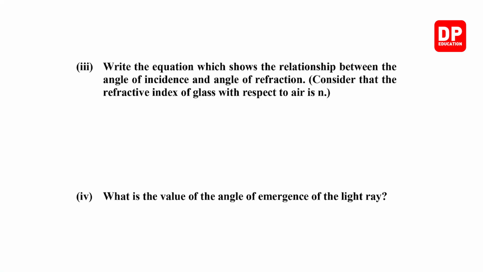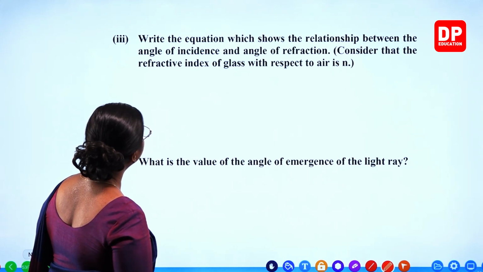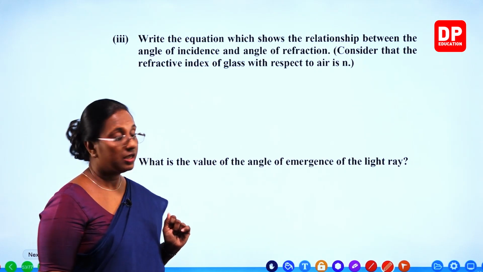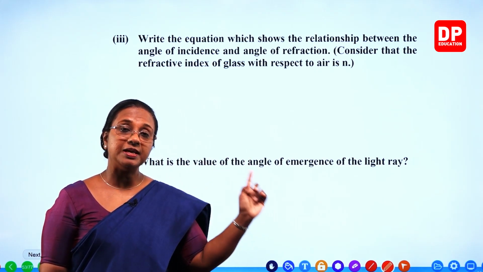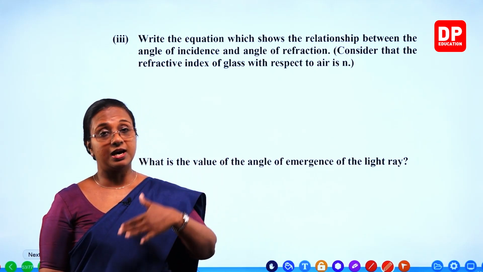Write the equation which shows the relationship between the angle of incidence and the angle of refraction. Consider that the refractive index of glass with respect to air is N. So, always glass with respect to air. From what medium to what medium? Light will travel from air to glass.